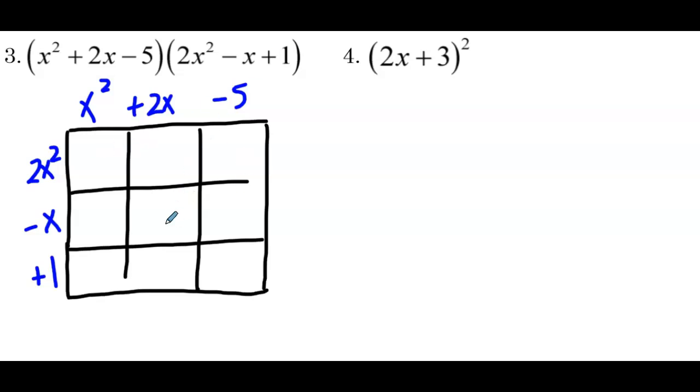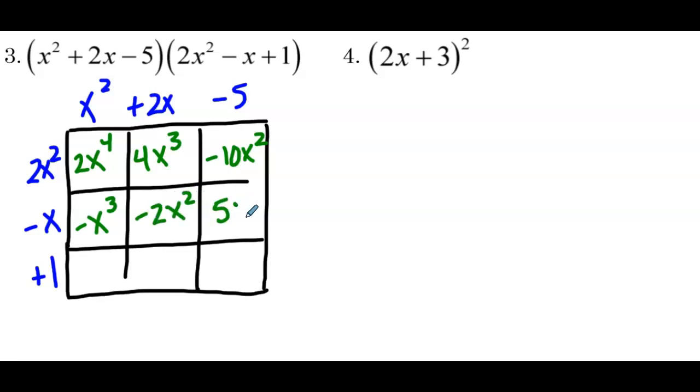And now we multiply to find all our terms. So we're going to have 2x to the 4th, 4x cubed, negative 10x squared, negative x cubed, negative 2x squared, 5x, x squared, 2x minus 5.